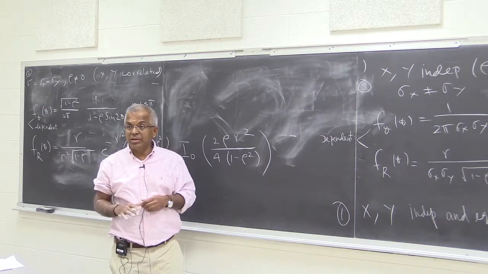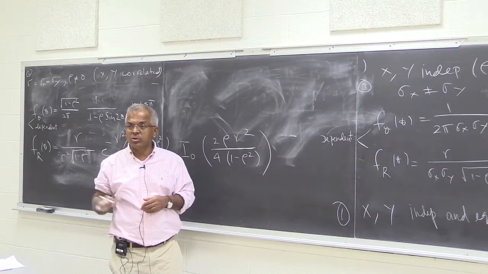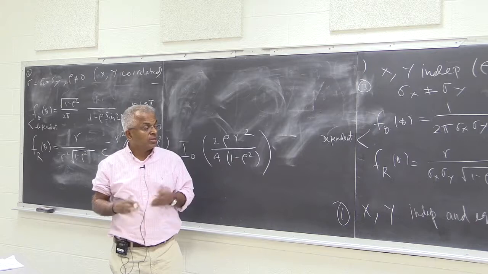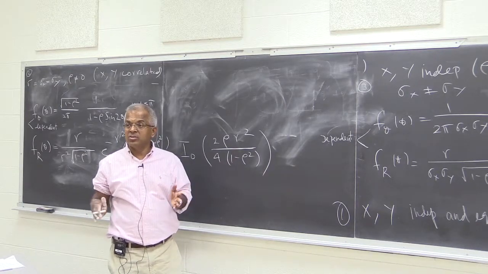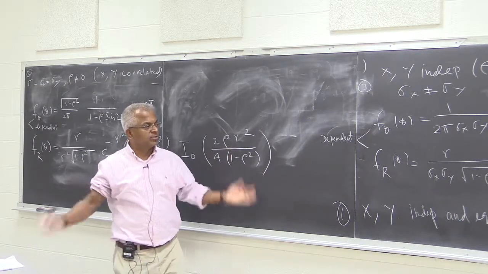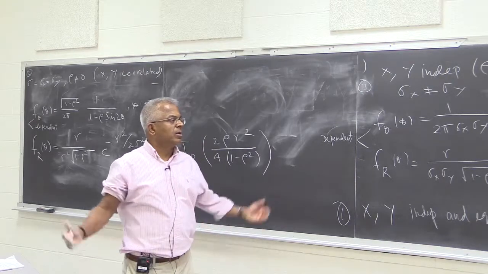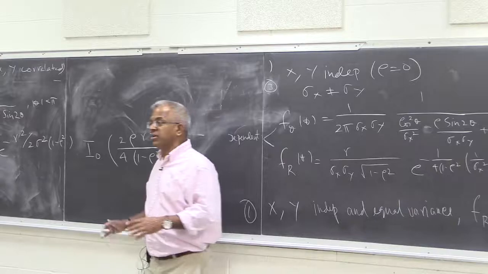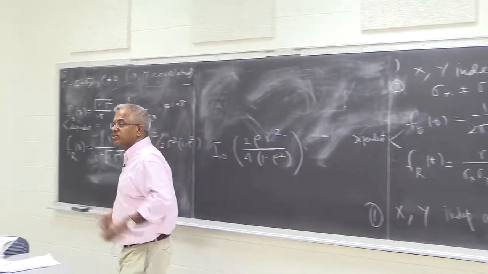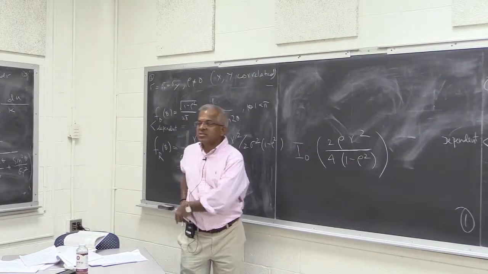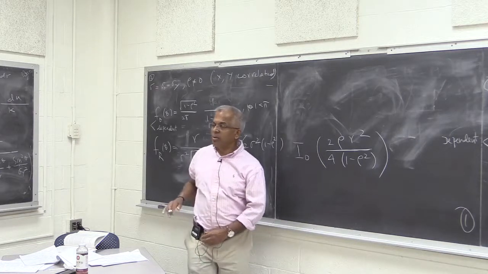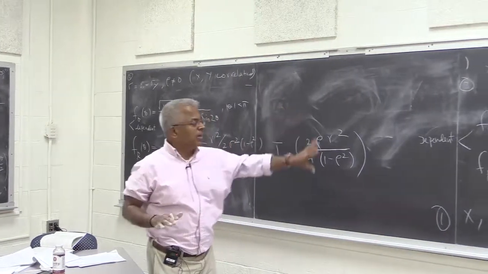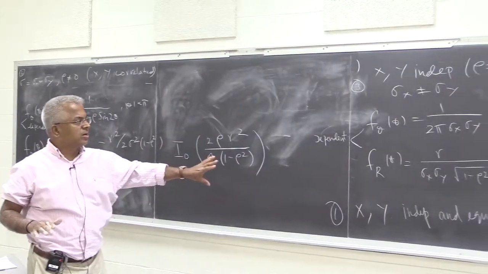If you look at their magnitude, which is square root of x squared plus y squared, that's Rayleigh, and the phase, tan inverse of y over x, that's uniform. And moreover, their joint density function is the product of the density functions. Consequently, magnitude and phase are independent. That statement, magnitude and phase are independent, is very special and only applies to this very special case.